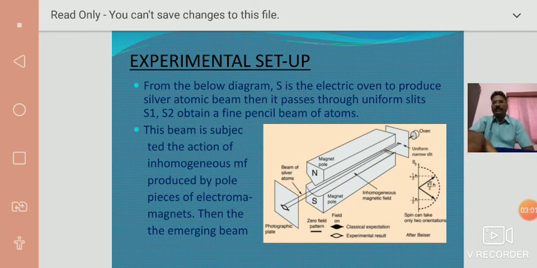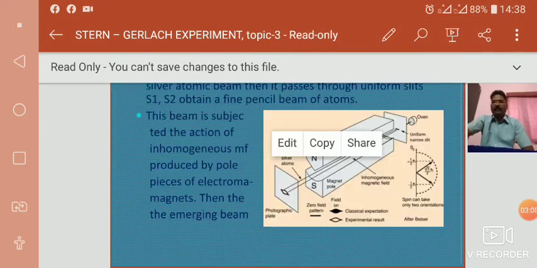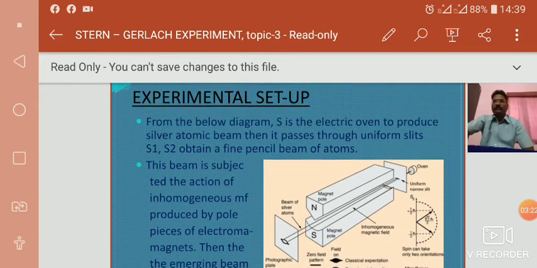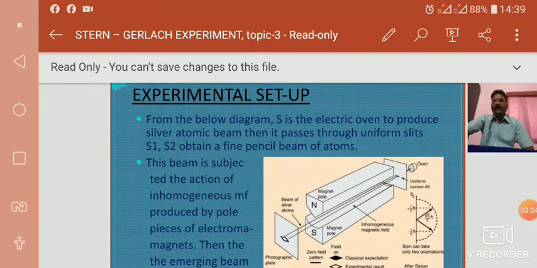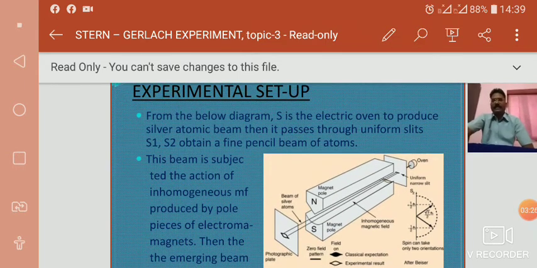Another is slits S1 and S2, powerful magnets N and S, and next there is a photographic plate to trace out the path of the silver atomic beam. These are the main apparatus in the Stern-Gerlach experiment.